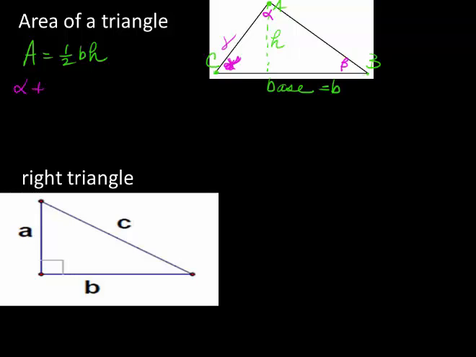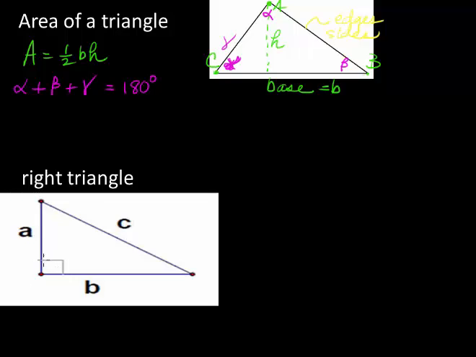So I could write this alpha plus beta plus gamma. The sum of the three angles of a triangle is 180 degrees. And you'll see why this is on a homework problem that you do or an in-class problem. Also, the edges here, these are called edges or sides, three sides to a triangle.